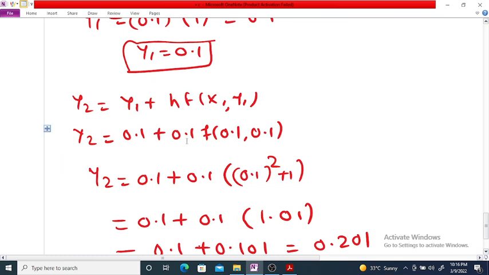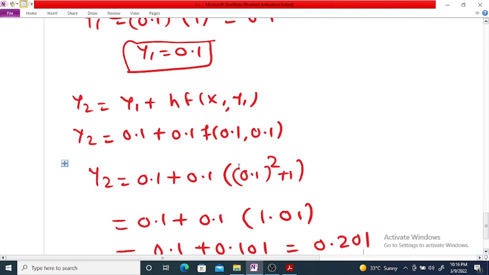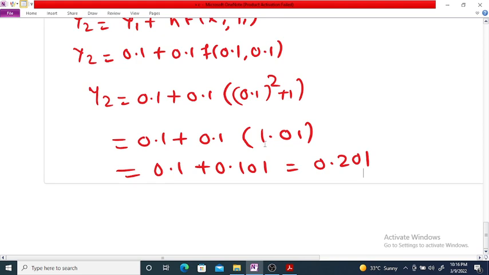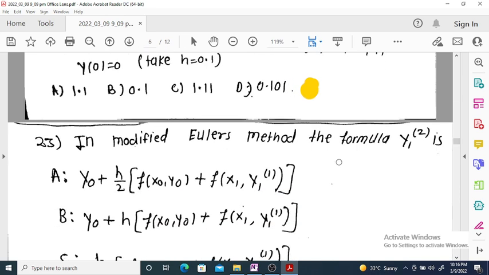And y2 is 0.1 plus 0.1 times f of x1,y1, where x1 is 0.1 and y1 is 0.1, so 0.1 squared plus 1 is 1.01, and 0.1 times that is 0.101. So the correct value is 0.201. The correct option is not there.